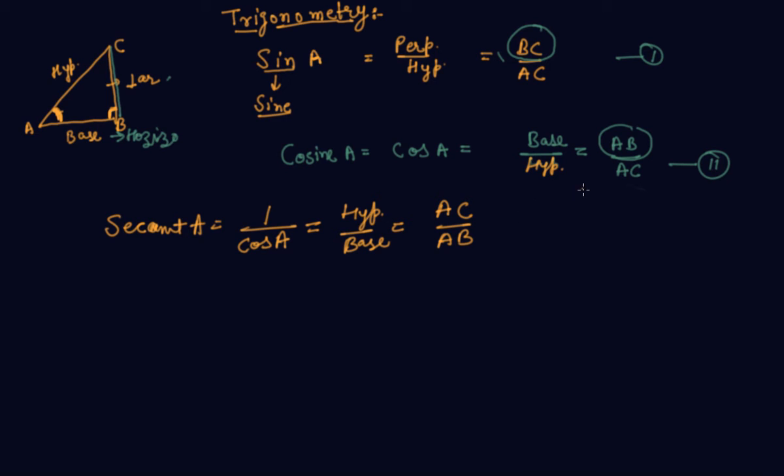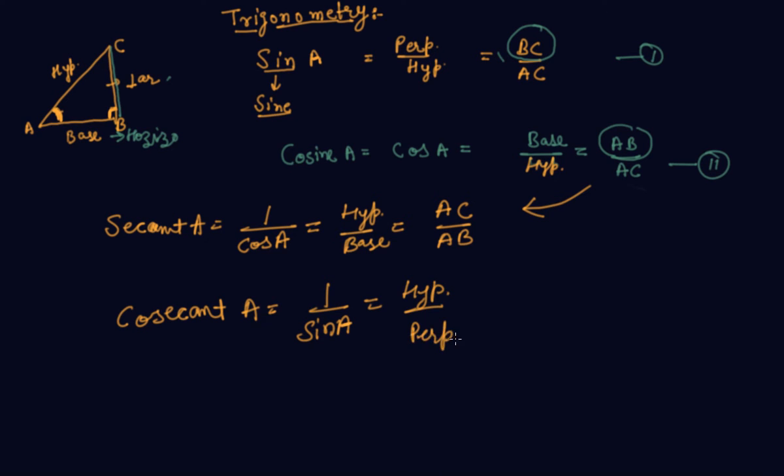Directly you can take the reciprocal of the formula of cosine A. Now comes cosecant A, which is the reciprocal of sine A. So what was the formula of sine A? You can directly write it as hypotenuse by perpendicular, means AC by BC.